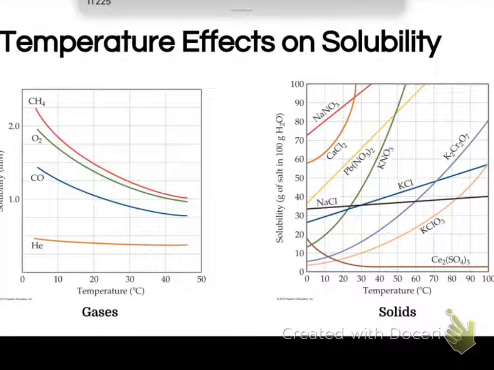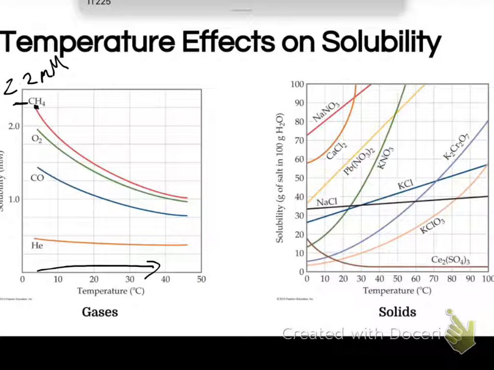Okay, so here we're going to look at temperature effects, and so that means as temperature increases, going down this way, what happens to the solubility of a substance? So if we're looking at methane here, if we have low temperature, like maybe 5 degrees Celsius, we have somewhere around 2.2 millimolar.